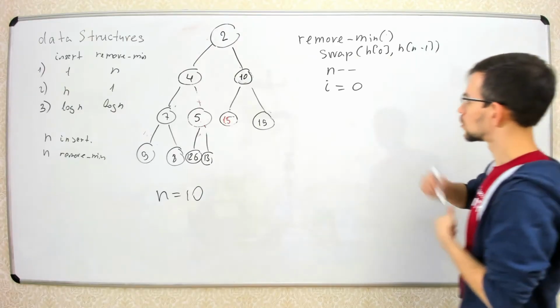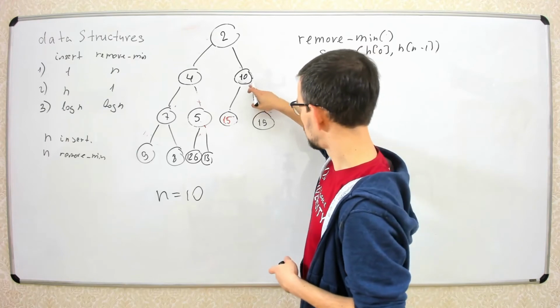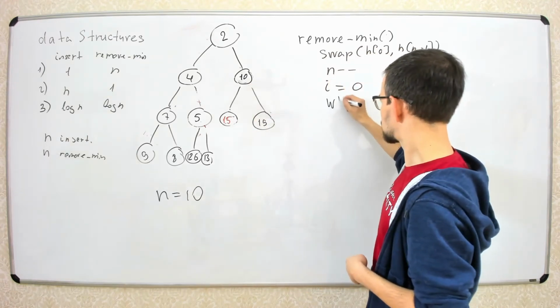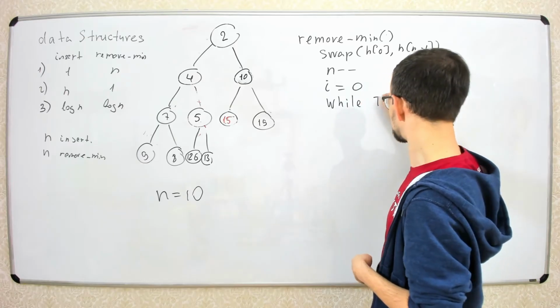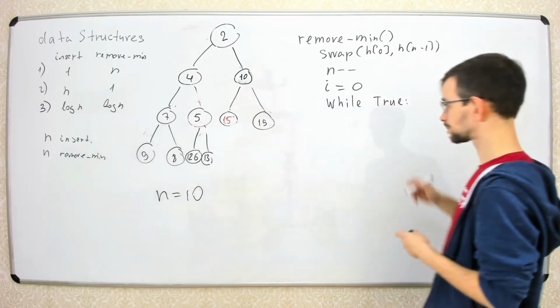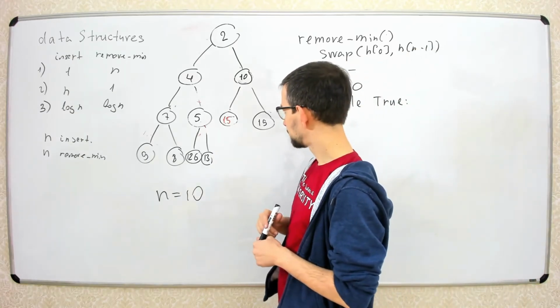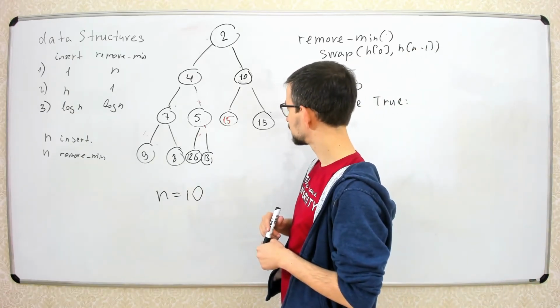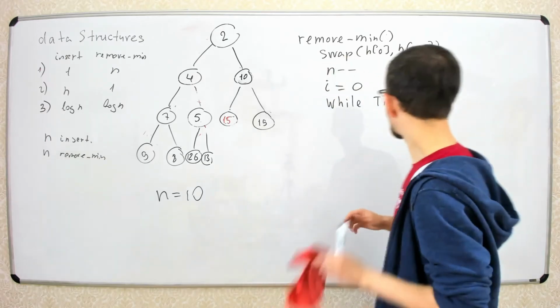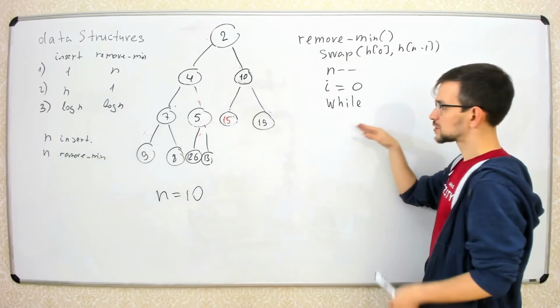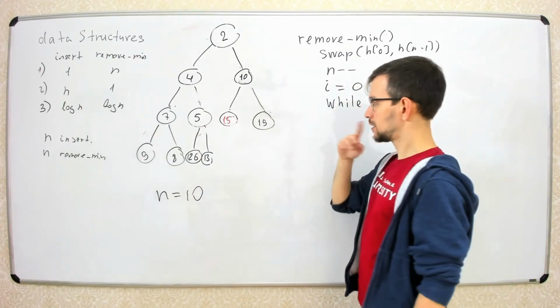Let's go. So we will look at both children. Let's just see, roll through. Now, let's see, while I have at least one child, let's move the element down until I reach the bottom layer.